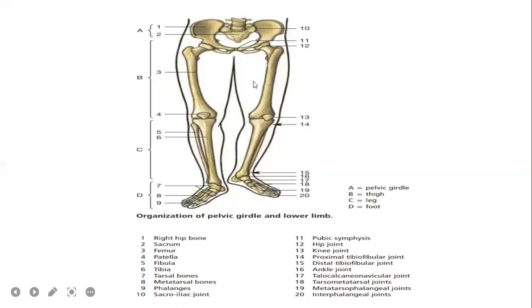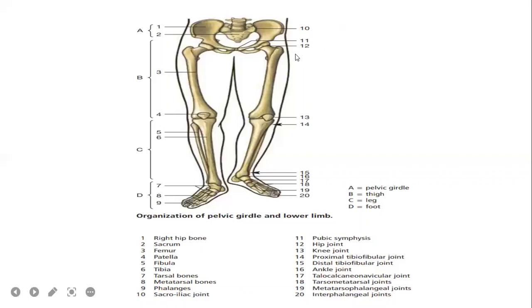With these bones, we also have the articulations between each other, or articulation with other bones. Beginning from the part labeled as 10 forms the joint known as the sacroiliac joint, the joint formed between the hip bone and the sacrum.